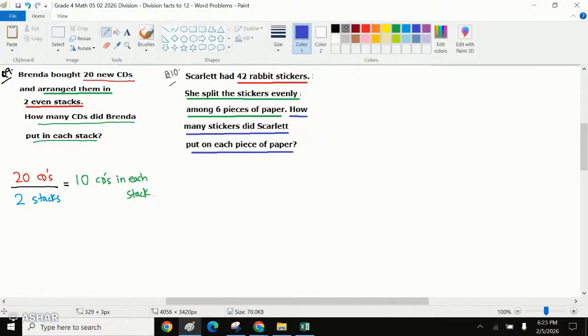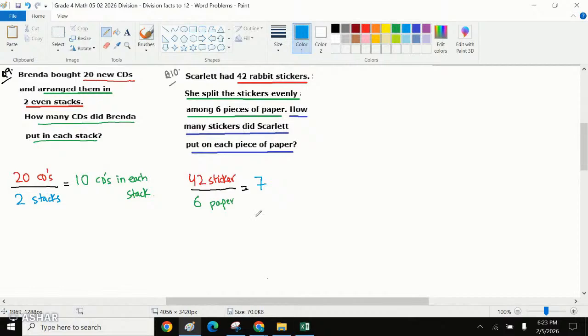so what we can write is 42 stickers when put on 6 pieces of paper, right? That would mean each paper had 7, right?